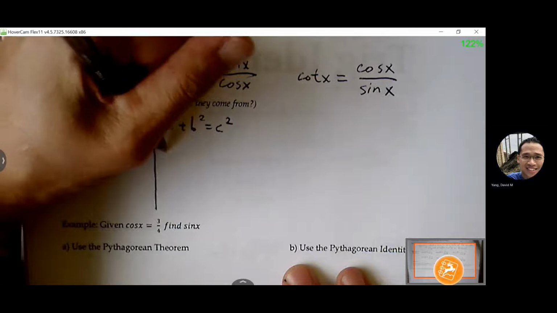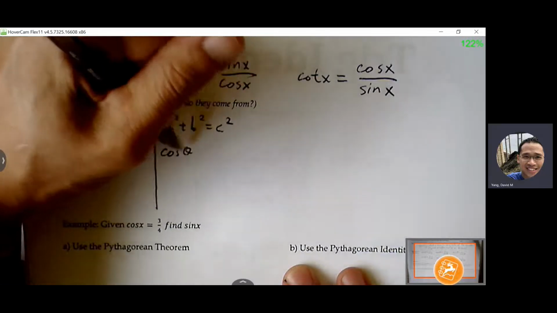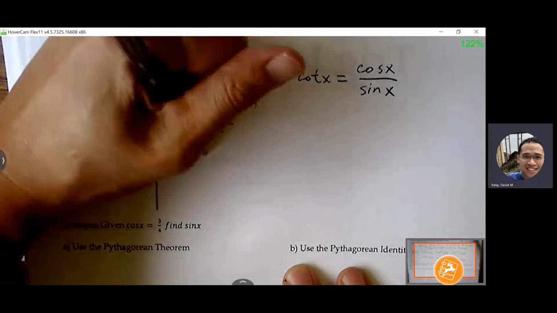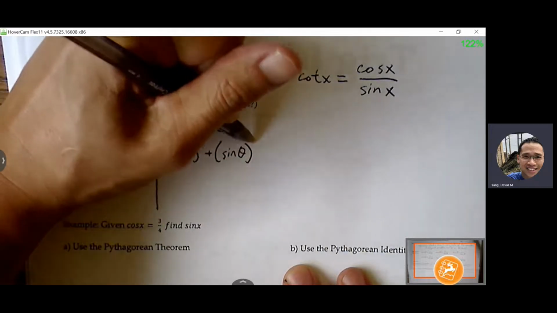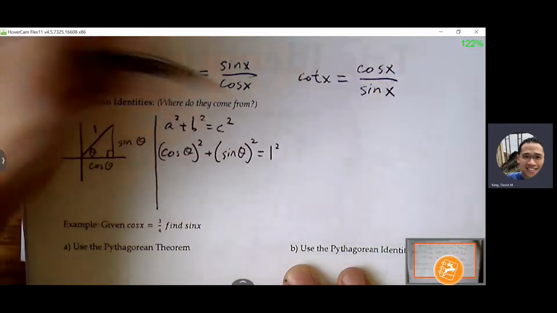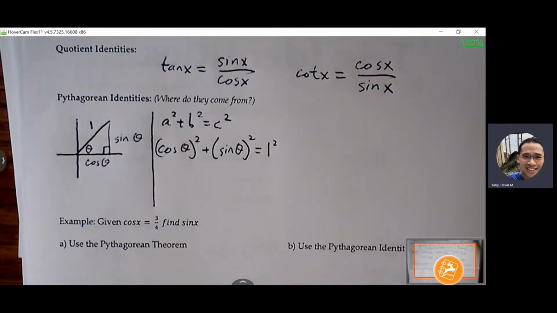So we'll say cosine of theta squared plus sine of theta squared equals 1 squared. Okay, everybody okay with that?